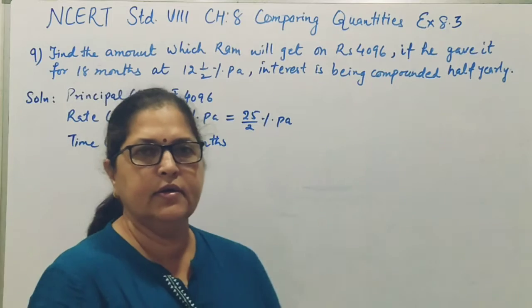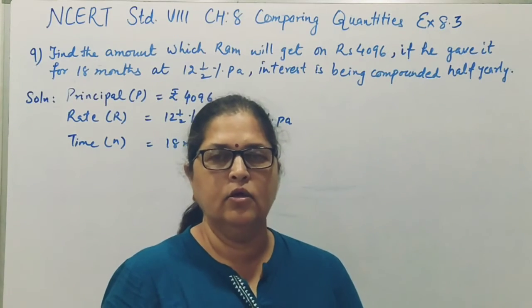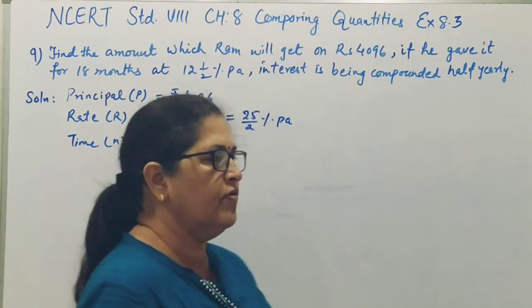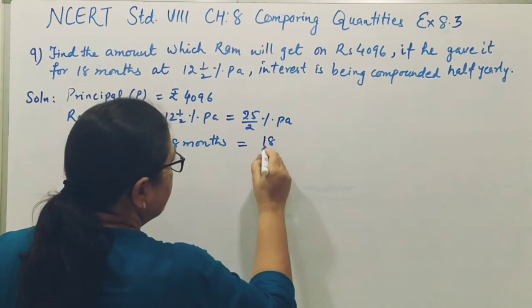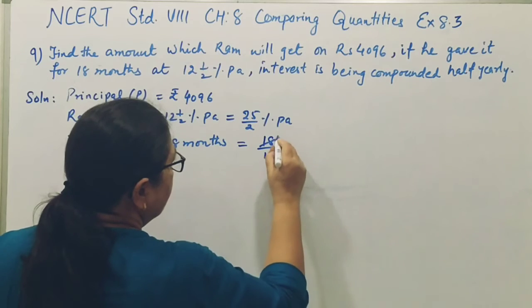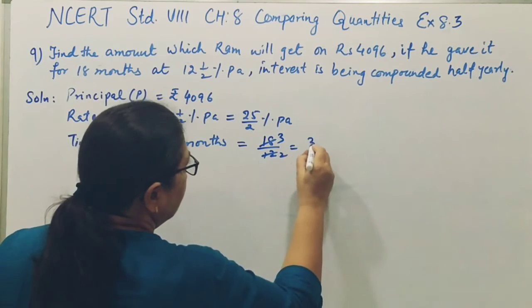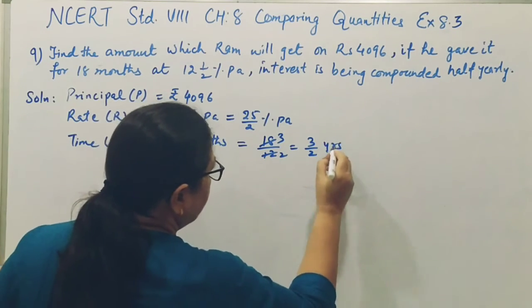When we calculate interest, we always use time in years. So we will convert 18 months into years. It will become 18/12, that is 3/2 years.